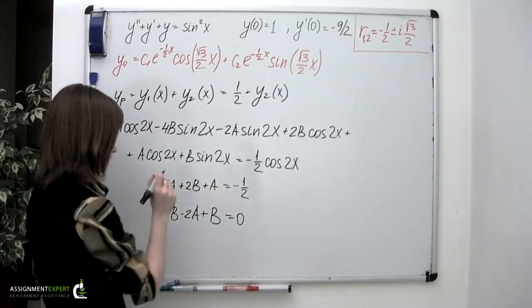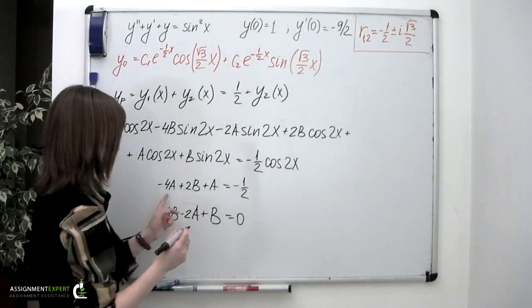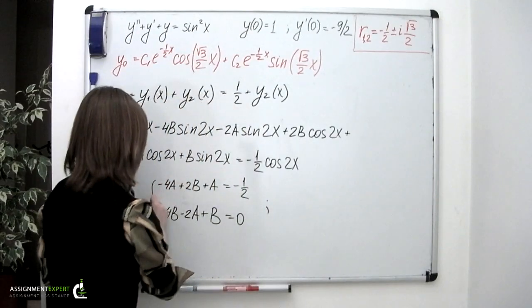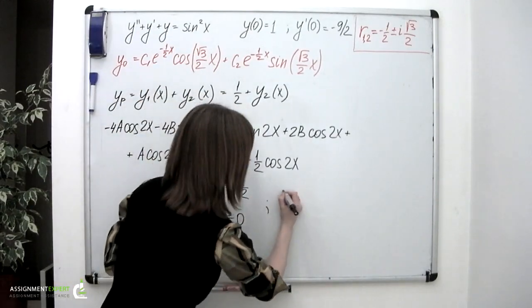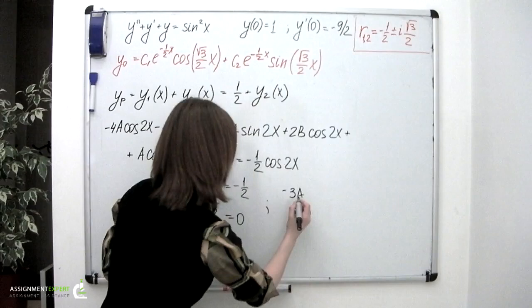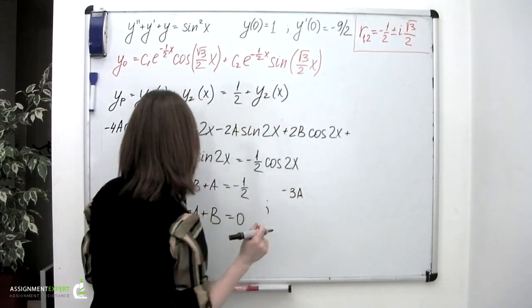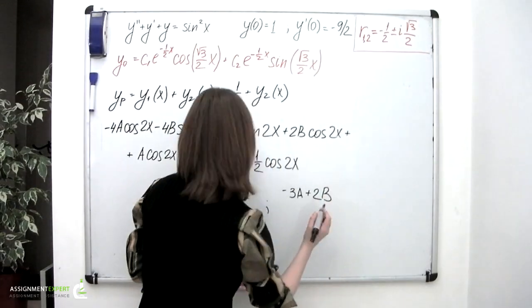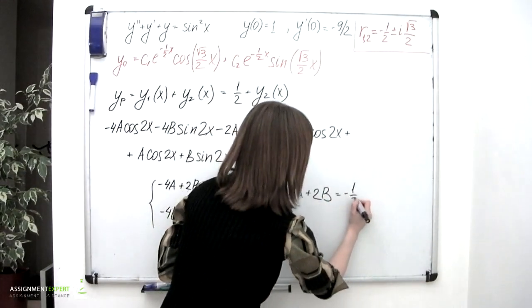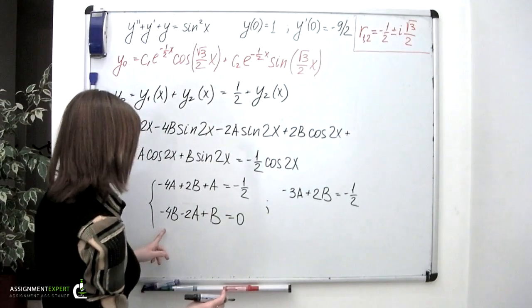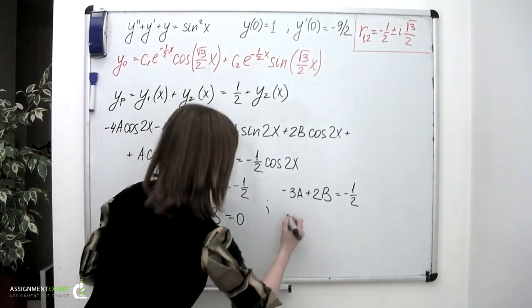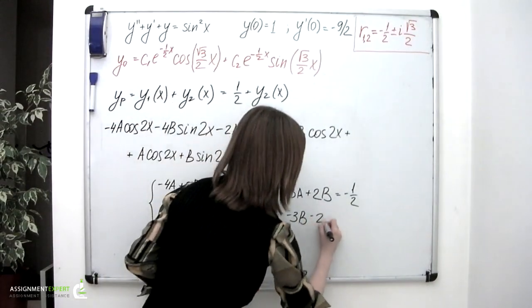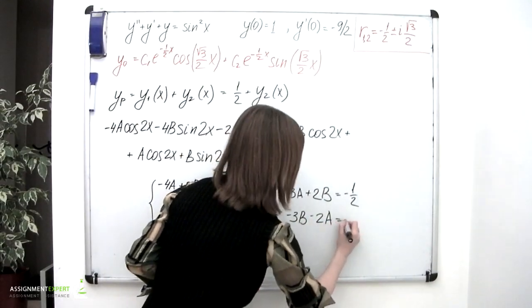Let's see. Here we have negative 3a plus 2b equals negative 1/2, and here we have negative 3b minus 2a equals 0.